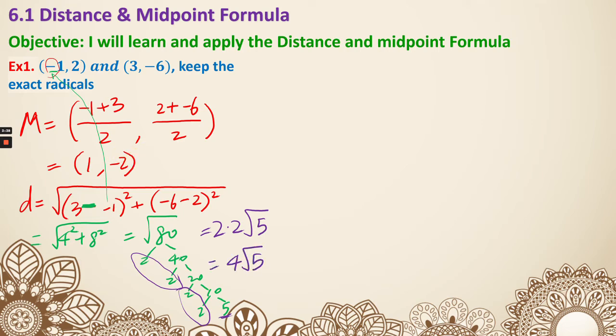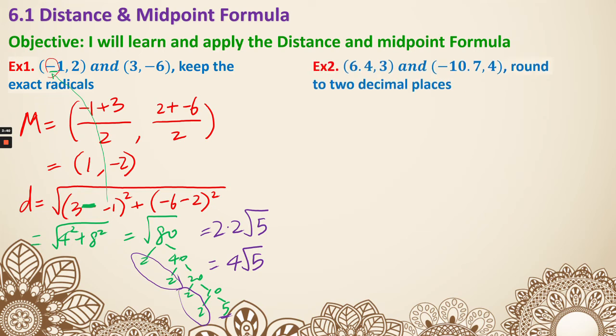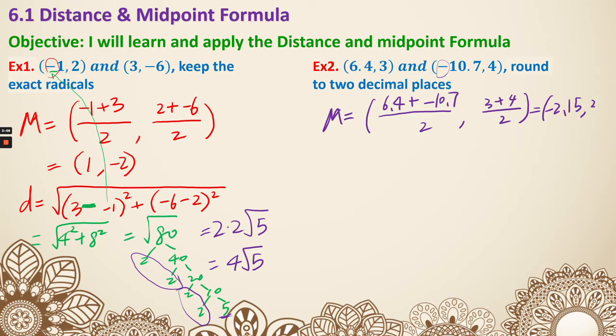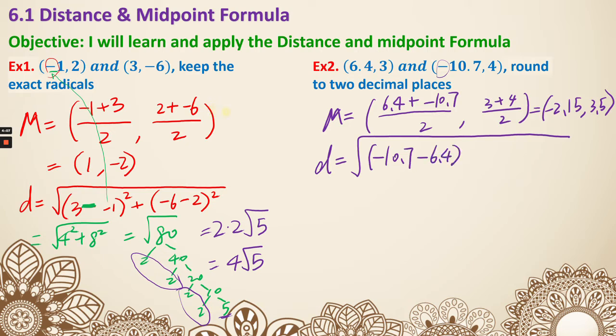That is example 1. Next, example 2. Same idea. M equals 6.4 plus -10.7, just make sure you carry all the signs with them, divided by 2, and 3 plus 4 divided by 2. That is going to be -2.15, 3.5. That's the midpoint. As for the distance, square root of -10.7 minus 6.4 and squared.